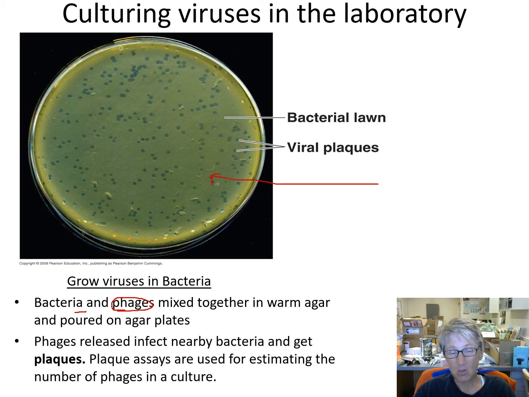As the agar cools, the phages infect nearby bacteria and destroy them, and all these little empty spaces are where there used to be bacteria, but the viruses killed them, and those are plaques. Then you can do a bunch of cool math and figure out how many viruses you have resultant from how many plaques you have.